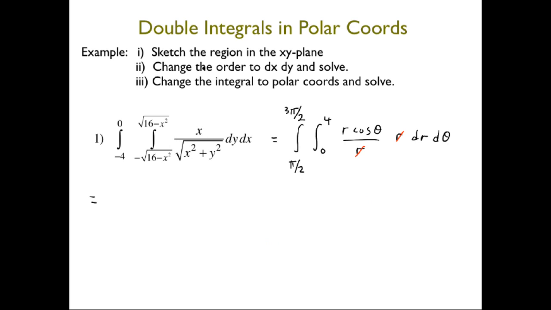So I'm either making a mistake with this or with the type 2. So see if we can fix my mistake. All right. So with respect to R, antiderivative is R squared over 2 cosine theta, right?